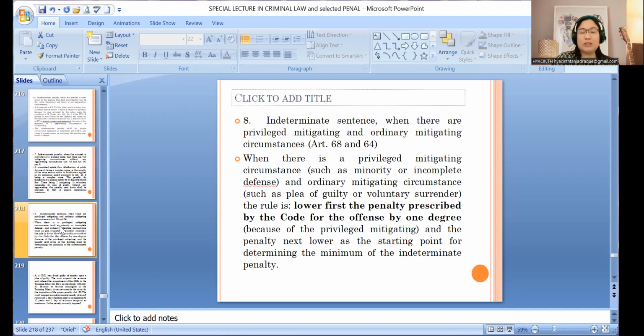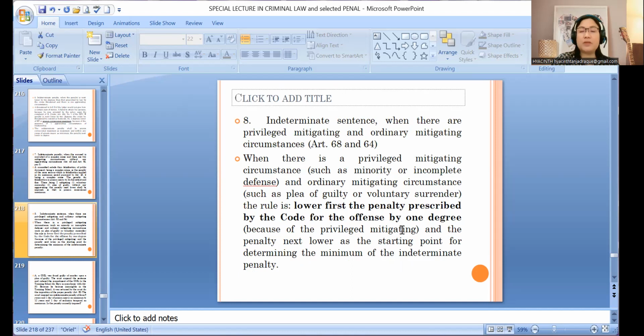How do we apply the indeterminate sentence when there are privileged mitigating and ordinary mitigating circumstances? When there is a privileged mitigating circumstance such as minority or incomplete defense, and an ordinary mitigating circumstance such as plea of guilty or voluntary surrender, the rule is to lower first the penalty prescribed by the code for the offense by 1 degree.